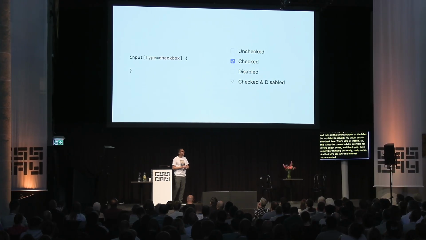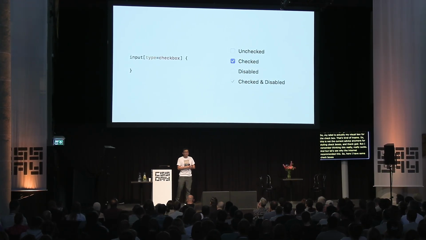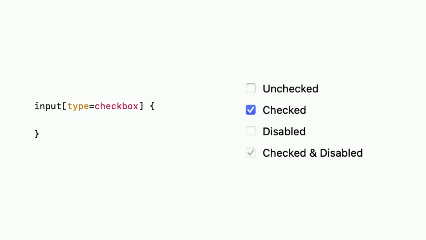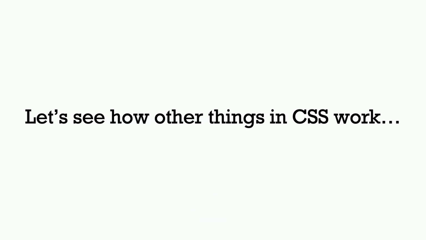So here I have some checkboxes with no styling. So you basically get native checkboxes. And then here I try to apply background color light green, but nothing actually happens. Like my checkboxes are still native. So let's see how other things in CSS work.